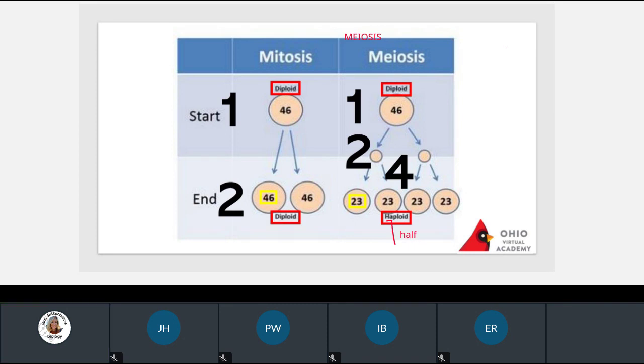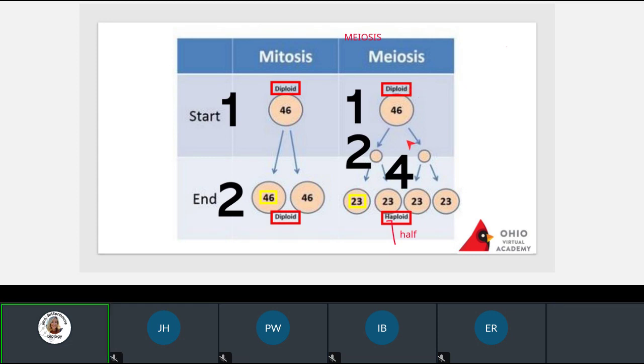Why would they have half? You say yes, because you're going to contribute half to your offspring. And then whoever will be the spouse of your offspring will also contribute 23 chromosomes. And those 23 plus 23 will give the offspring a full set.